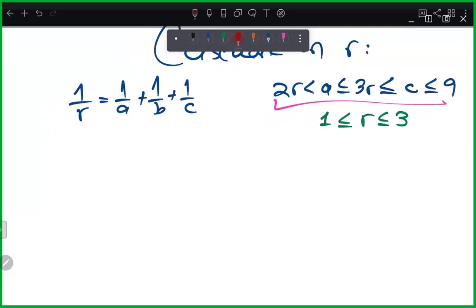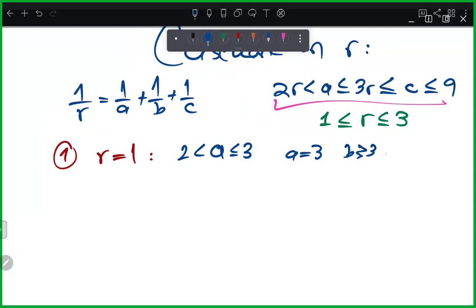So let's start with the first case, R equals 1. In that case, A is automatically greater than 2, less than or equal to 3. So A has to be equal to 3, and B is greater than or equal to 3, C is greater than or equal to 3.